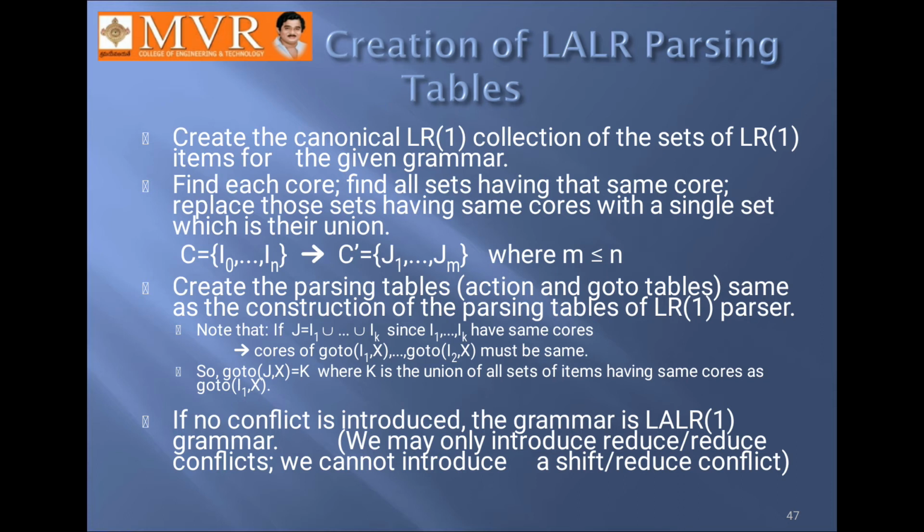One collection of sets of LR(0) items, called the canonical LR(0) collection, provides a finite automaton that is used to make parsing decisions.